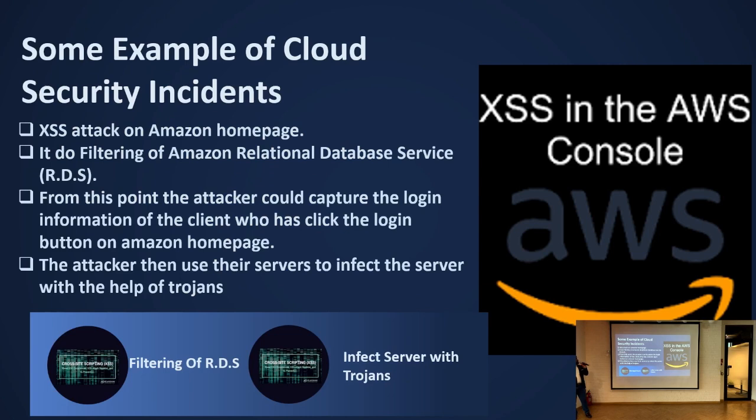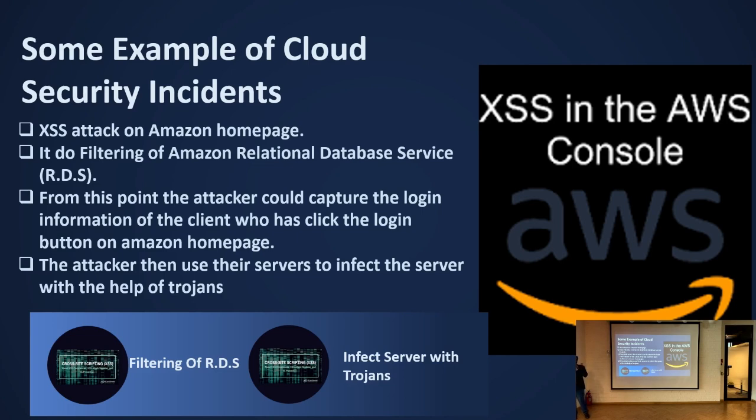Some examples of cloud security incidents. There was a cross-site scripting attack done on Amazon's web page. It affected the Amazon Relational Database Service. The attacker could capture the login information.